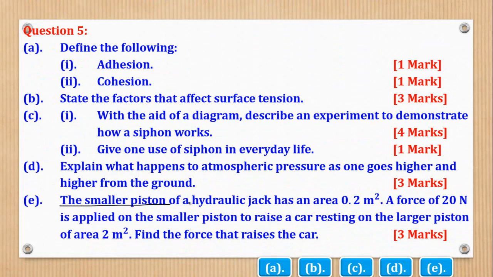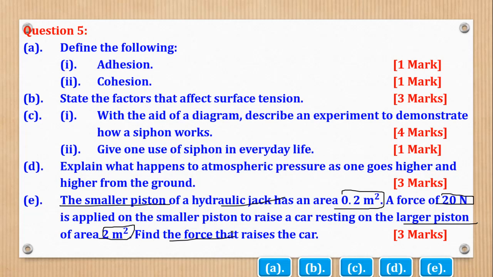the smaller piston of a hydraulic jack has an area of 0.2 square meter. A force of 20 Newton is applied on the smaller piston to raise a car resting on the large piston of area 2 square meter.